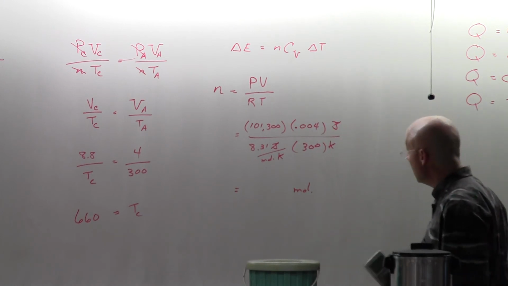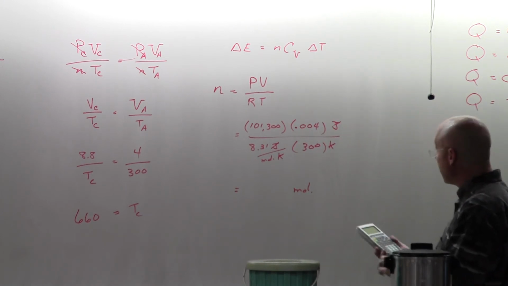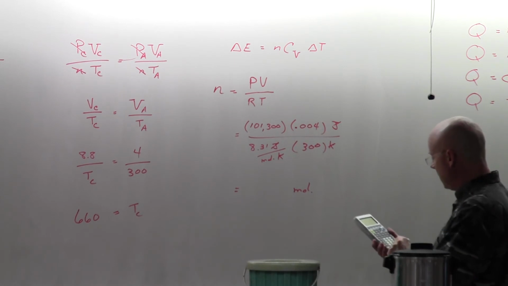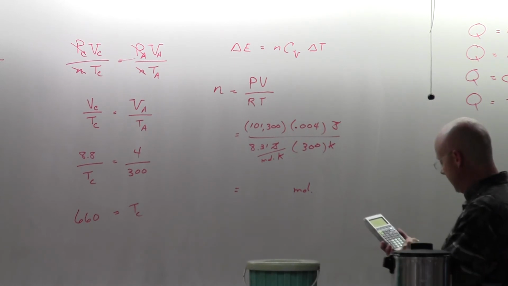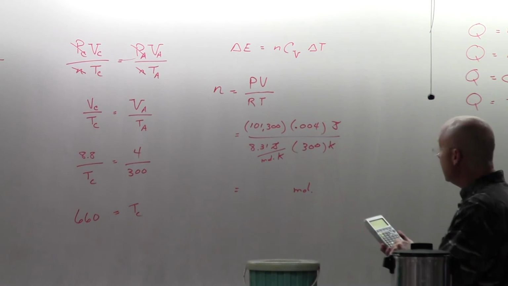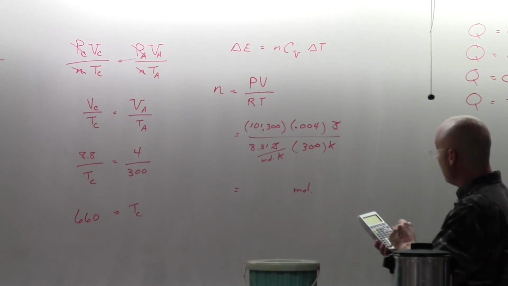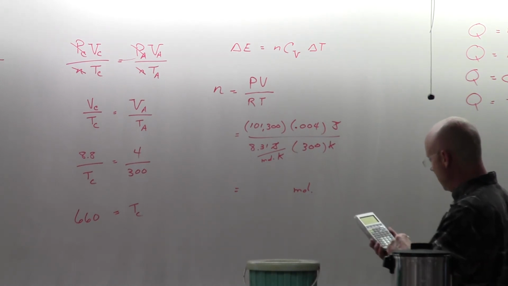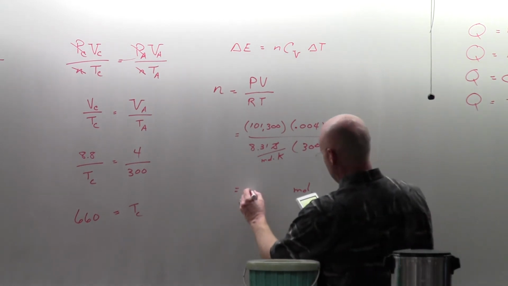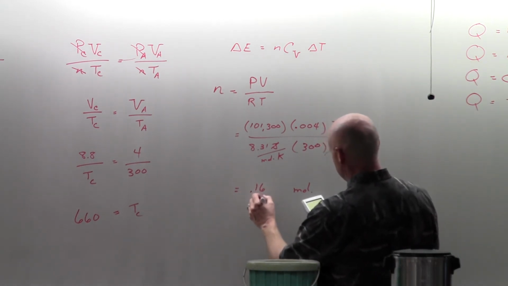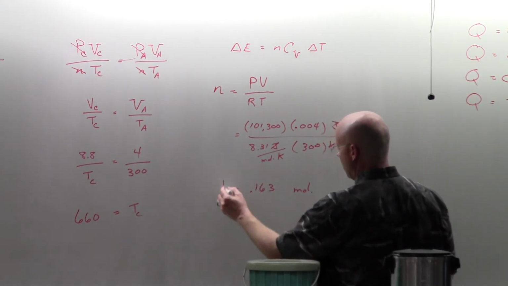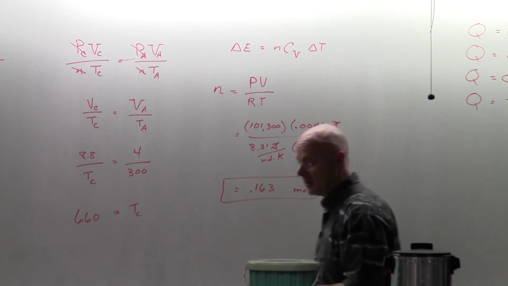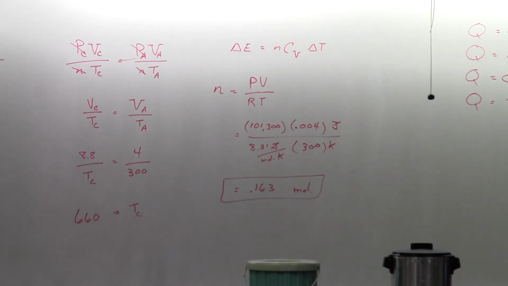How many moles? All right, so getting my calculator, it's 101,300 times 0.004. Divide that by 8.31, divide that by 300, and we are looking at 0.16, and I'll just round to 0.16 moles for N. So that's how many moles I have to work with.